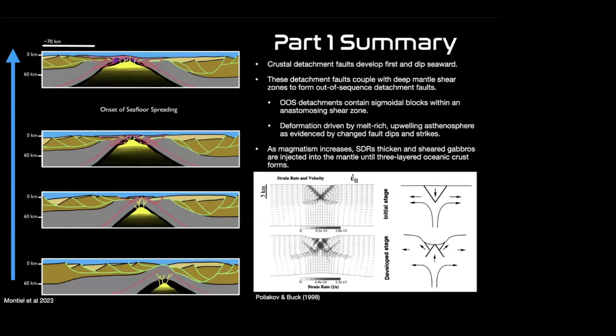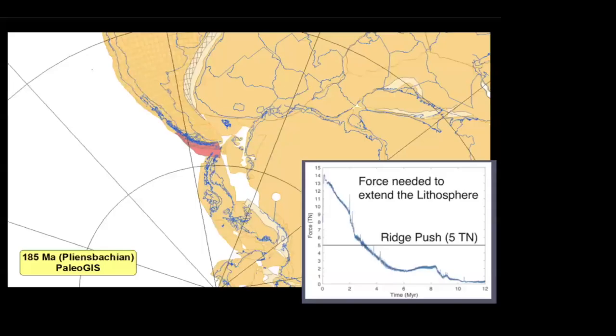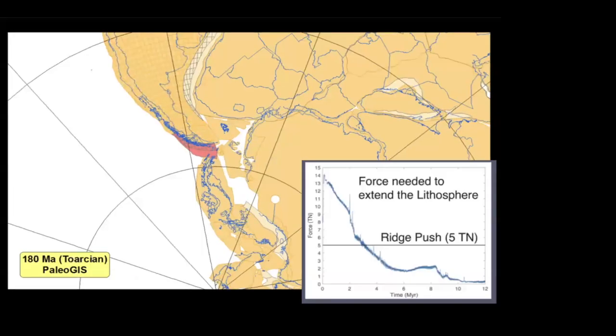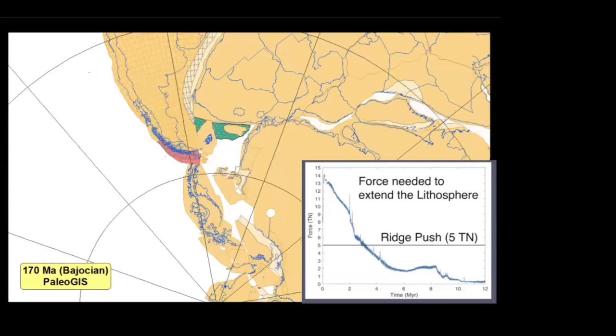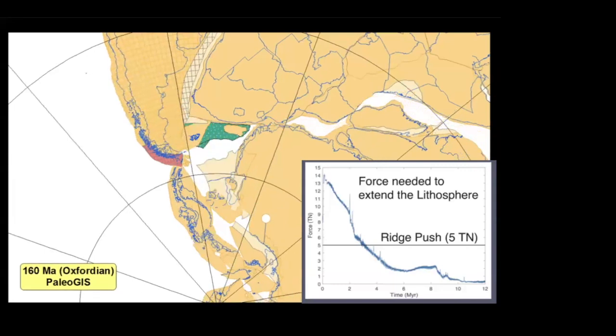Polyakov and Buck came up with this around the turn of the millennium, where the idea is you initially have this top-down collapse of the rift, and then as you transition into seafloor spreading, it starts to kind of run itself as this decompression melting applies stress from below. And kind of bringing this back all the way to the question at the beginning of, how does this process happen?